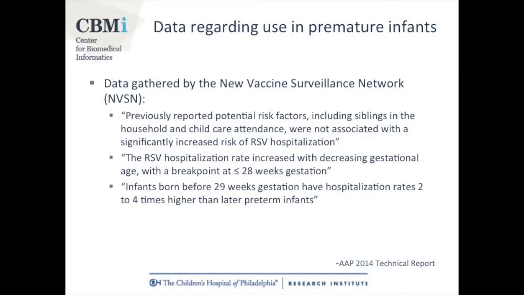And that cutoff at 28 weeks, which takes you up through 28 and 6, seemed to be the area where you had a multifold increase in the risk of hospitalization versus the low-risk population. Infants born before 29 weeks gestation have hospitalization rates that are 2 to 4 times higher than that of later preterm infants.